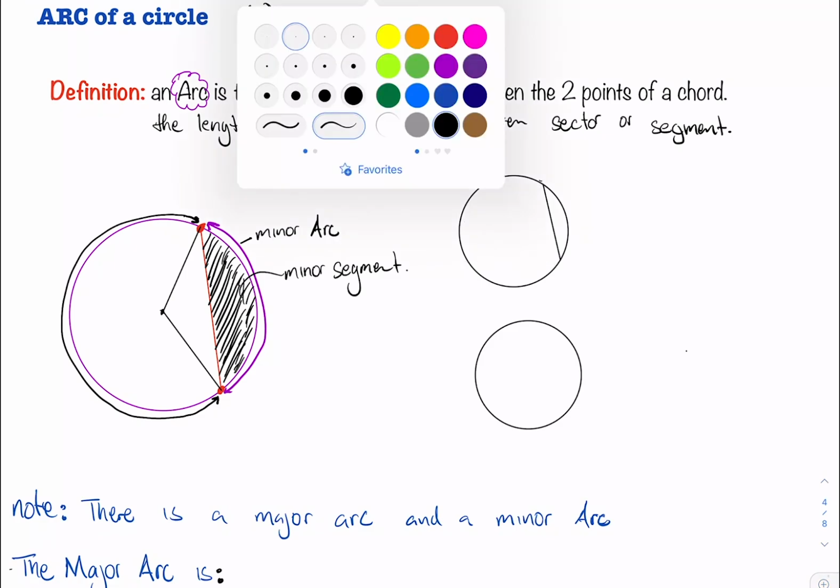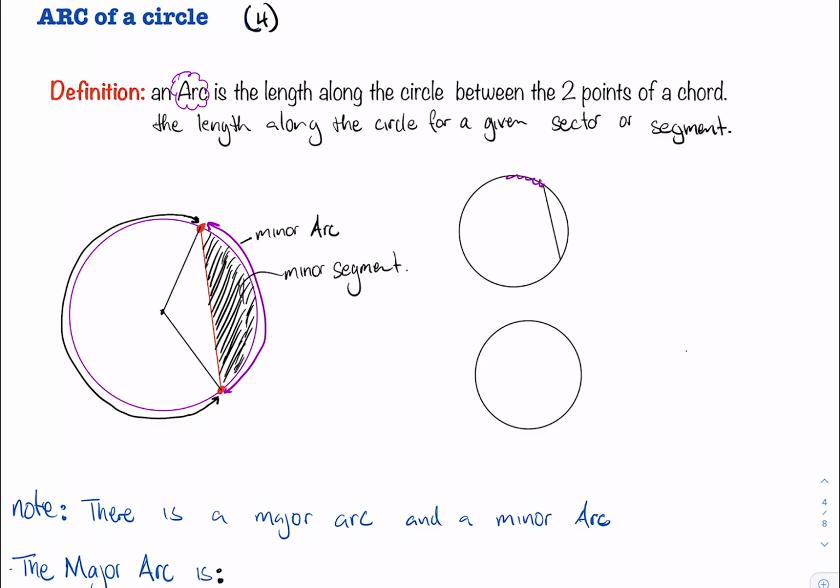Our arc length would be the distance along the circle. I'm just shading this circumference so we can see that we're traveling along the circle, and I want to know that length. Here this would be a major arc.